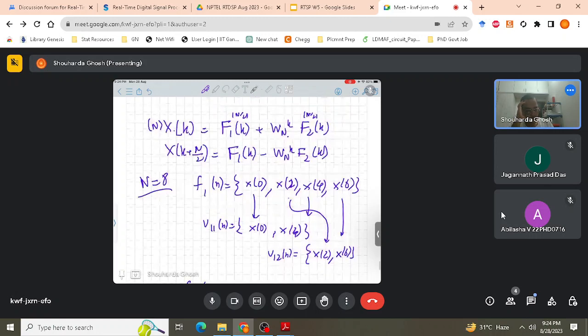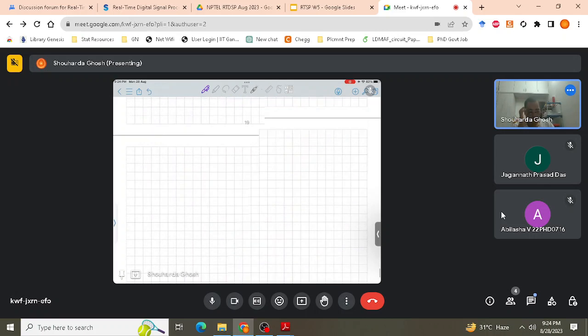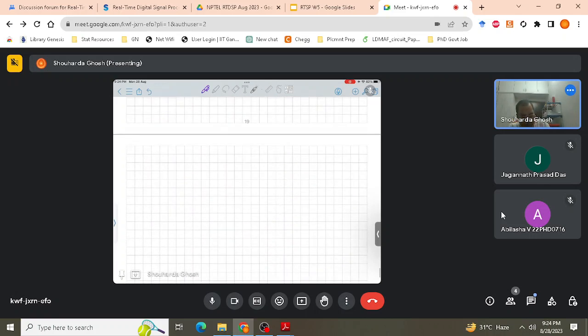Okay, so first let's deal with F1 and F2. How will I deal with it? I put them in some order: x of 0, x of 4, x of 2, x of 6. This was our V11, this was V12. I write them as F1 and put them into a 4 point DFT block.